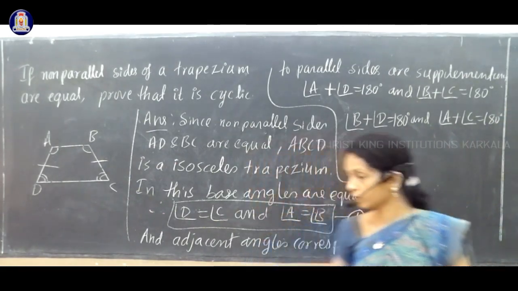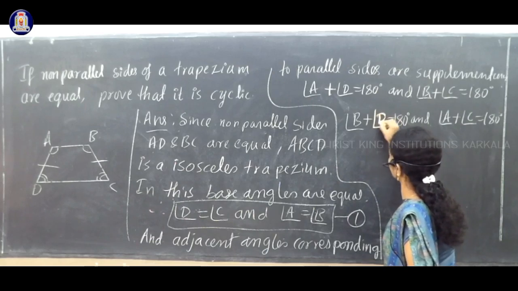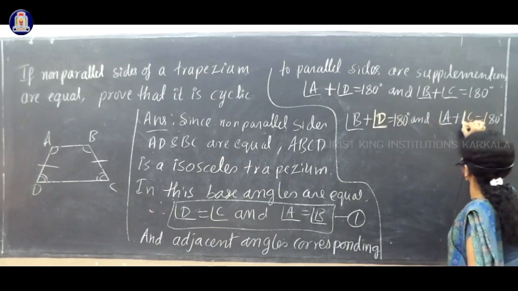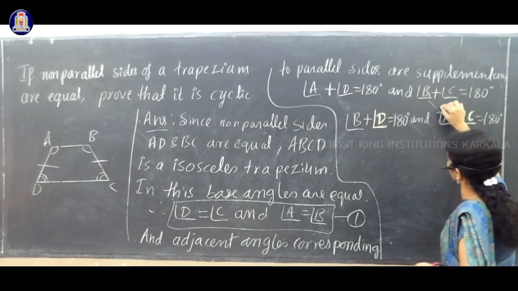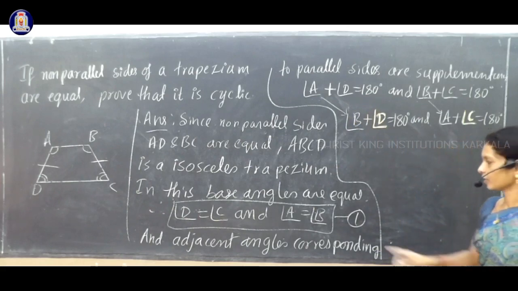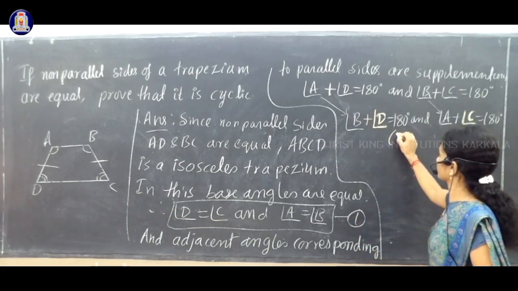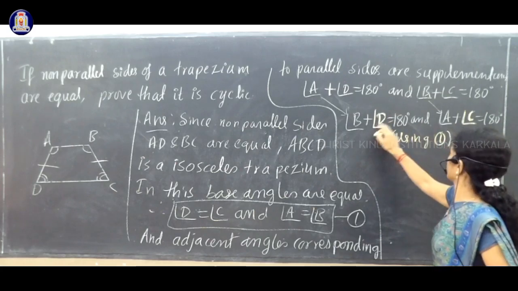Which angle we kept as it is, that I will write in yellow color. Angle D kept as it is, and here angle C kept as it is. Angle B here replaced by angle A, and here angle A is replaced by angle B. That is by using 1.